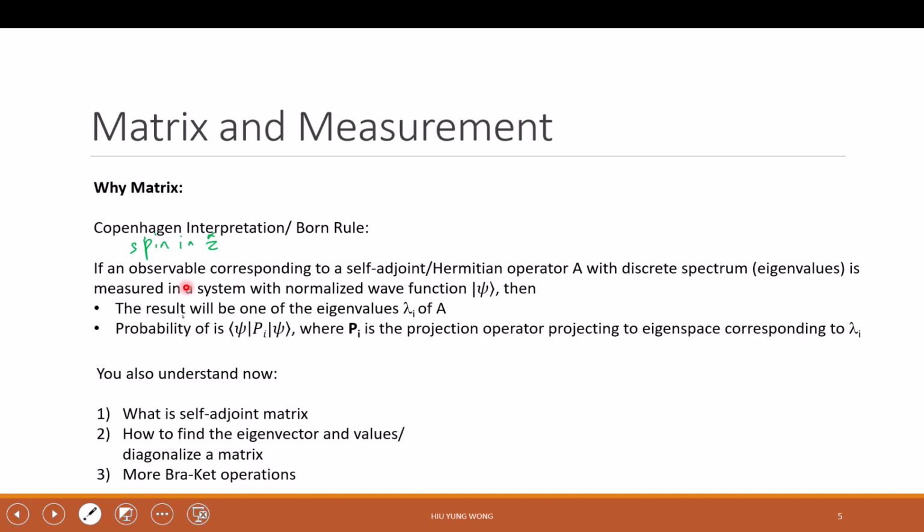Now, this will have a corresponding operator, okay? So it always has a corresponding operator for the observable. And you need to find it out. It turns out that it is sigma z. What is sigma z again? Do you remember? Pauli matrix, very good.